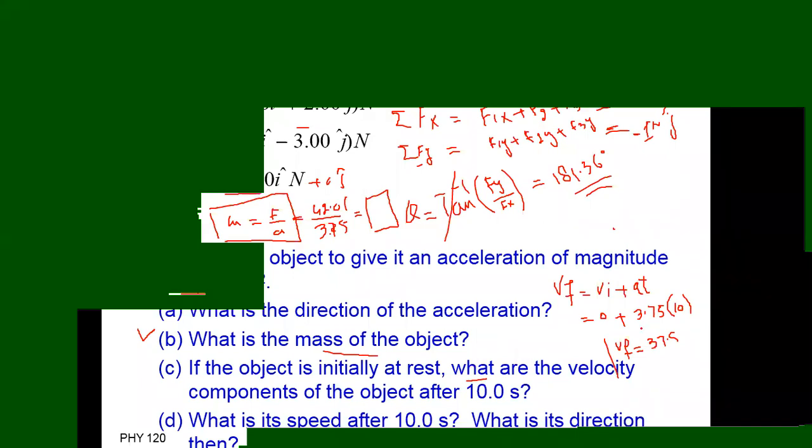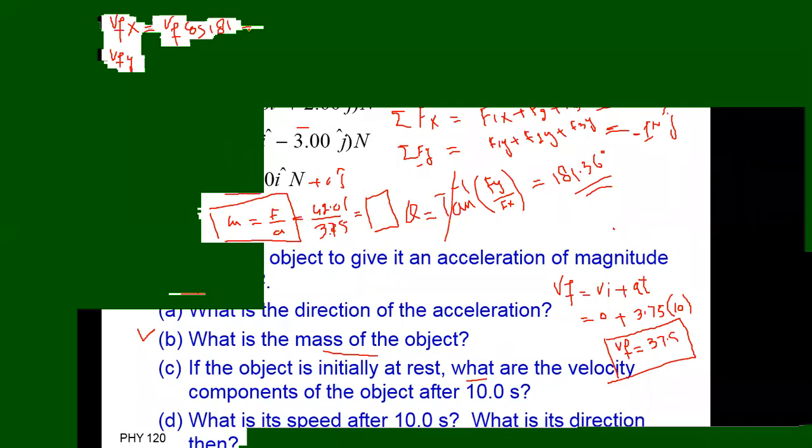Now, how to find the components of Vf? We know the angle and we know Vf. So for the x component, Vfx is equal to Vf times cosine theta, and Vfy is equal to Vf times sine theta. So you can find the components of Vf along the x-axis and y-axis. Vfx is equal to Vf times cosine of the angle. The angle was, I think, 181.